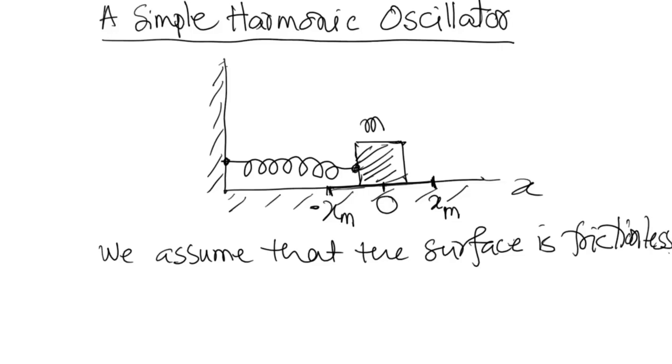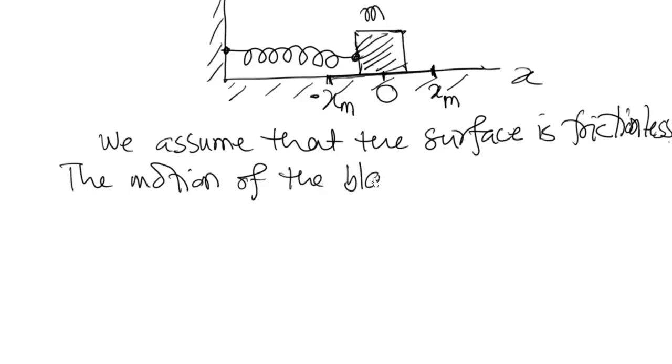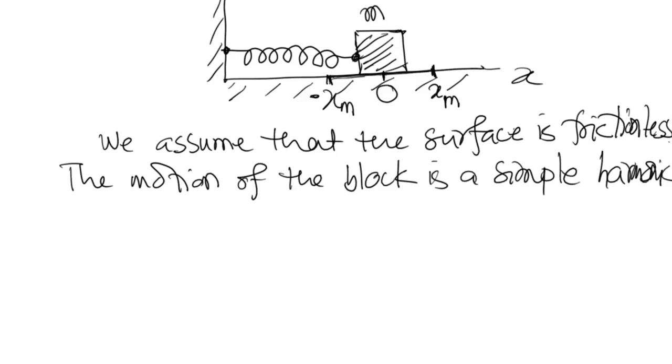Now this motion of the block is simple harmonic motion. The body that executes this simple harmonic motion is known as a simple harmonic oscillator.